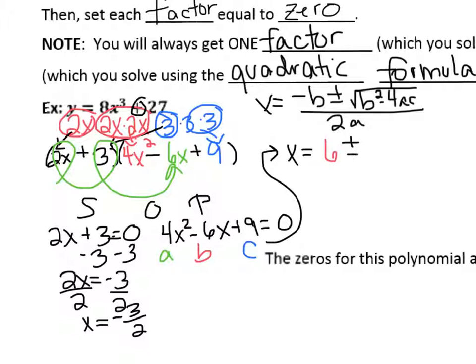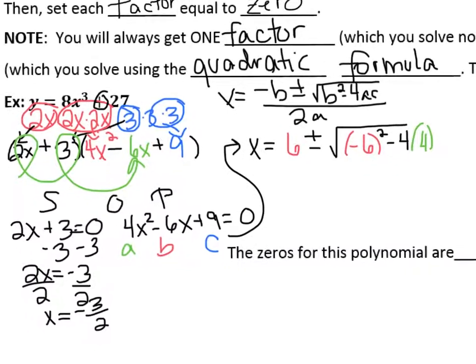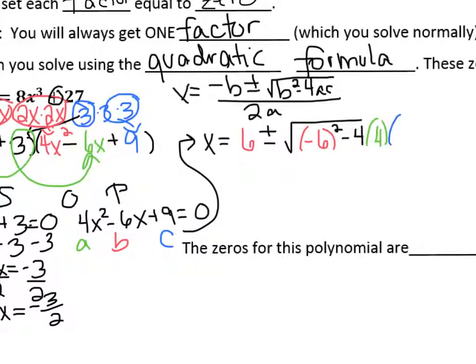Plus or minus the square root of b squared, so negative 6 squared, minus 4, it's always part of the formula, times a, which is the 4, and then times c, which is 9. And it's all over 2 times a, which is again 4.